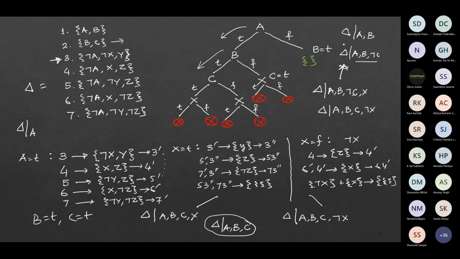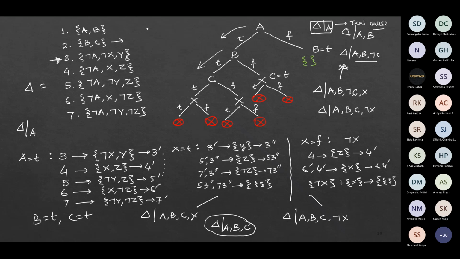And finally, we can see that the real culprit for this contradiction is when we set A to be true. This is the real cause of contradiction, but DPLL does not see it. As it does not see it, it blindly performs backtracking at all the levels, right? So in summary, DPLL does not keep track of for which particular assignment or decision we have the contradiction.